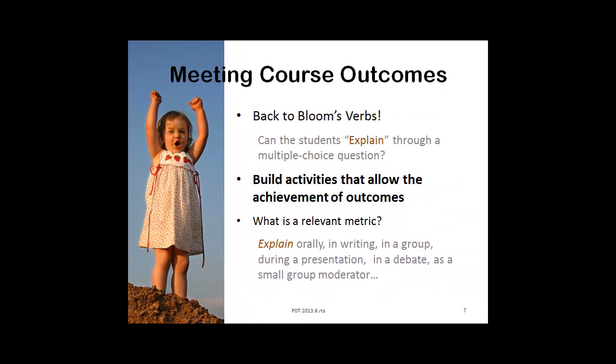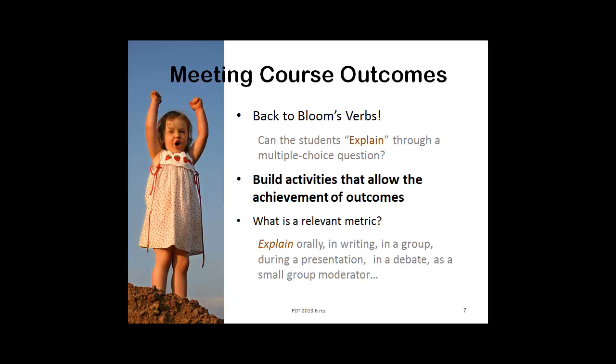You can use data to determine whether or not your students are meeting course outcomes. One of the most important steps in this process is to make sure you're assessing them properly. I can't use bad data to try to make a good assessment. So when you're looking at the course outcomes, what are the Bloom's verbs? If the Bloom's verb says explain XYZ, I can't use a multiple choice question.